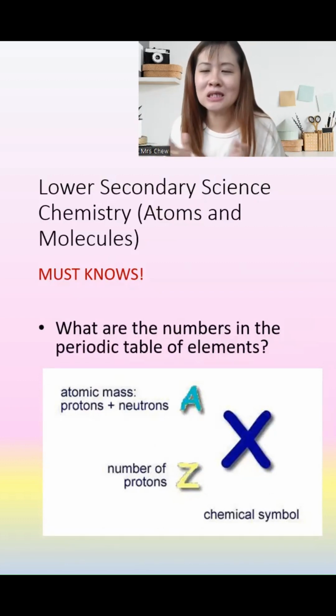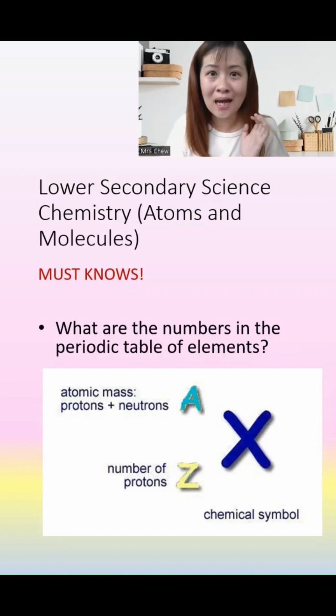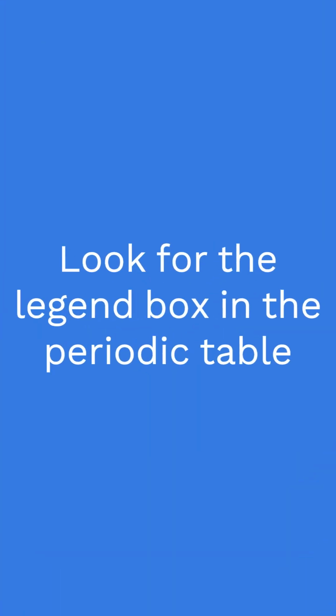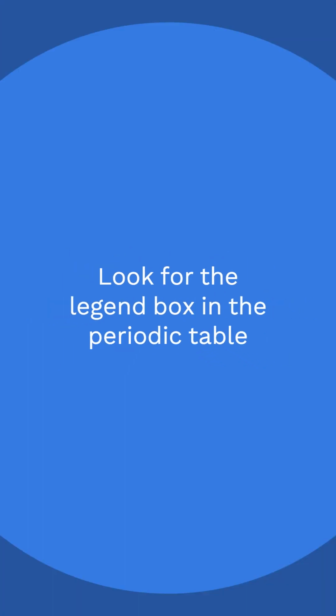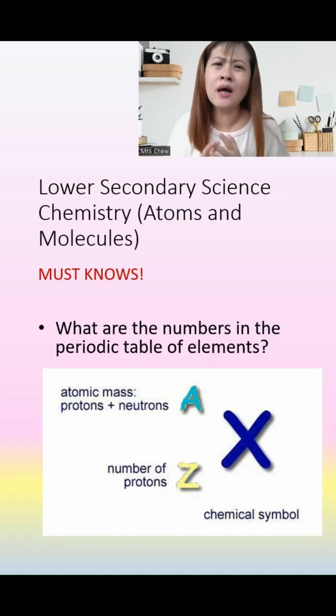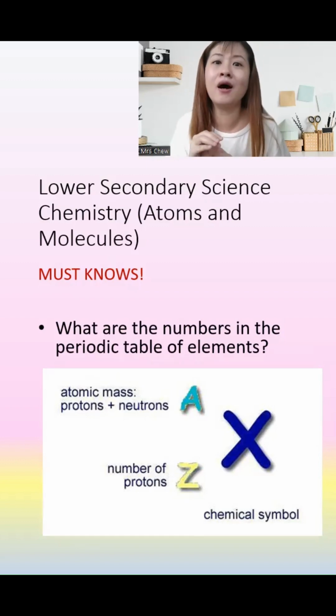How do I know? It's so difficult to memorize, right? Especially during exams when you see so many numbers. There is always a legend in the periodic table, okay? So another thing for you to note is, since the atomic mass is the number of protons and the number of neutrons, definitely the bigger number is the atomic mass and the smaller number is the number of protons, which is the atomic number.